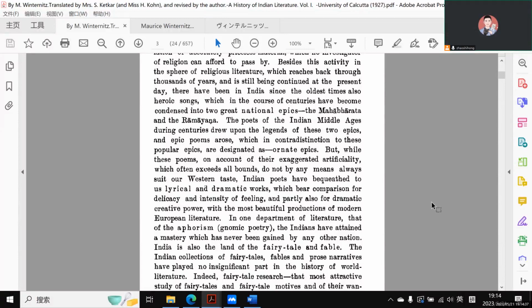So from the viewpoint of a Western scholar, we should be very careful about Winternitz's way of expressing things. He is standing on the standpoint of being a German scholar. And in that very period, Europe can be said to be the center of the world.